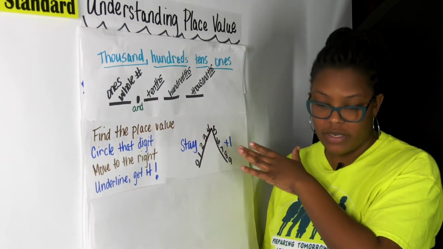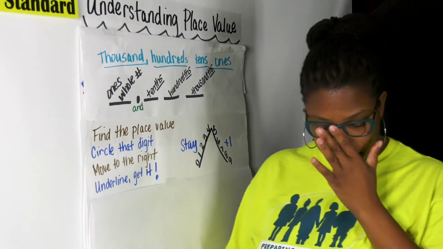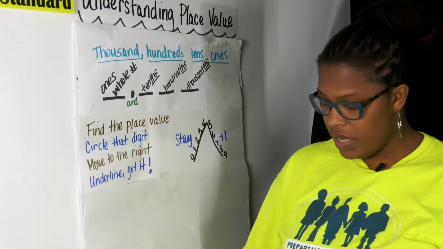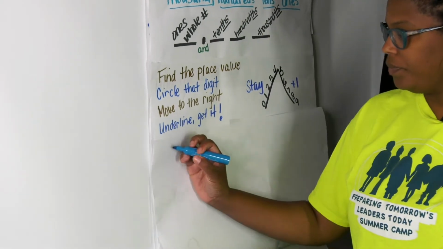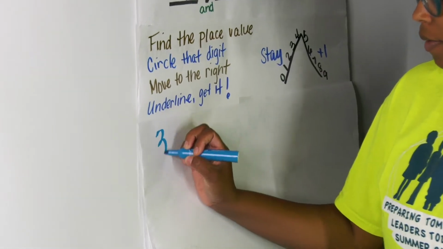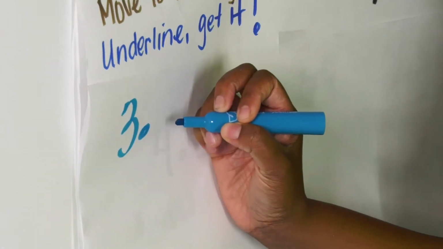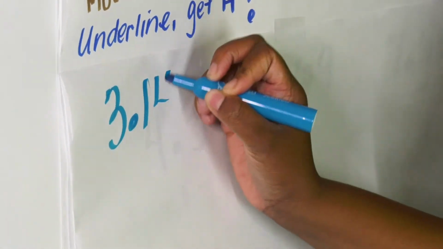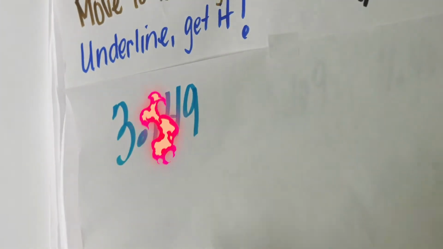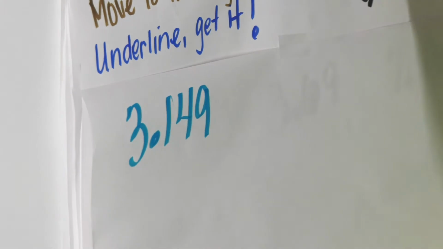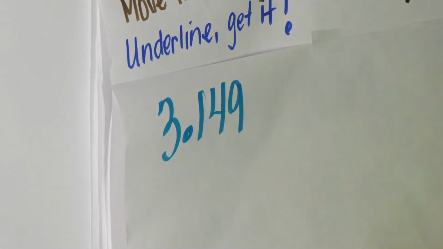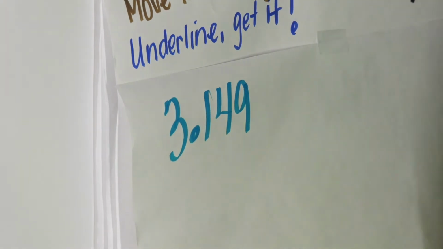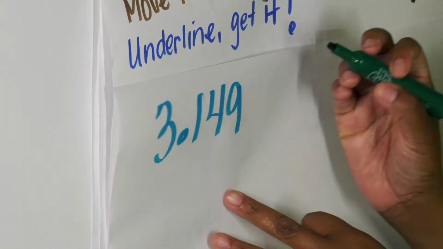So we're just going to recap, and then we're going to focus on finding the values of numbers using our place value strategies. So just to recap, if we had the number 3 and 149 thousandths, because it ends in our 3rd place value after the decimal, and we wanted to round that to the nearest hundredths, okay?